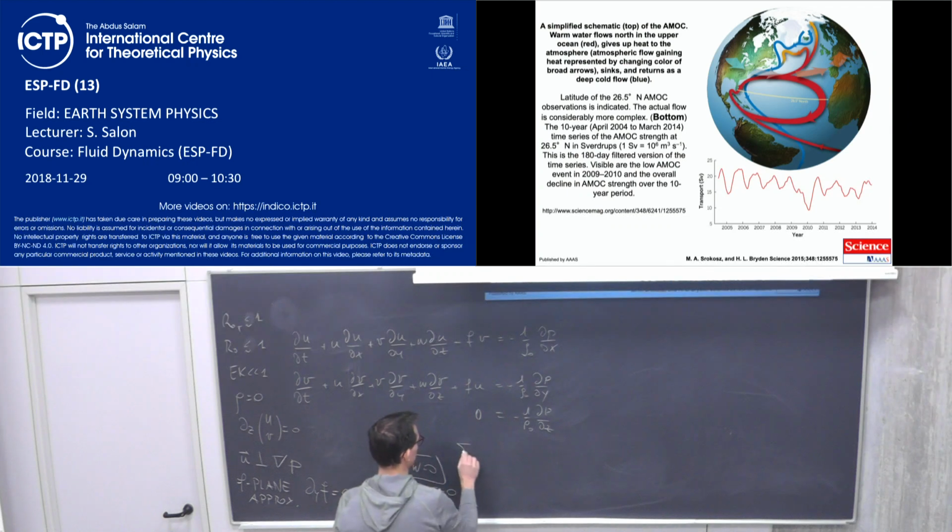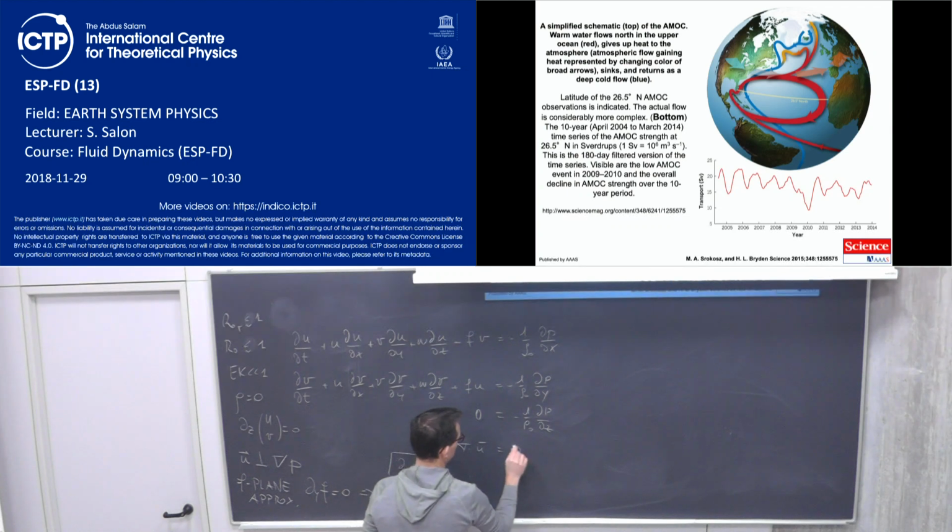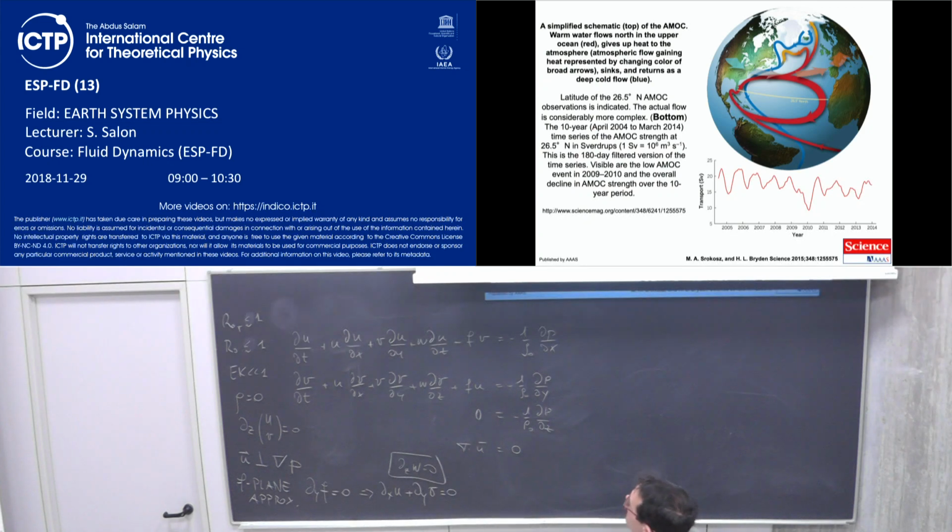And finally, we have our continuity equation. So what we did, in some sense, is move from considering flows with a very large time scale with respect to the rotation of the Earth, to flows which are a little bit faster.